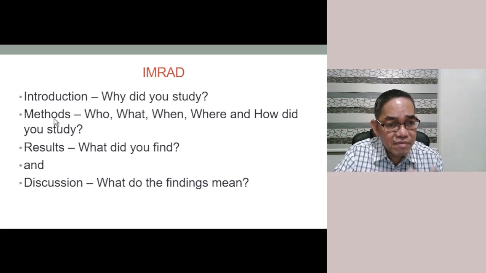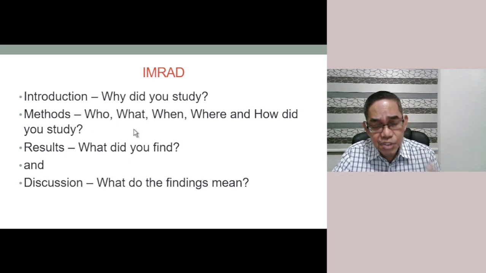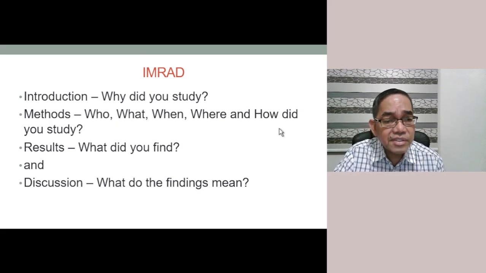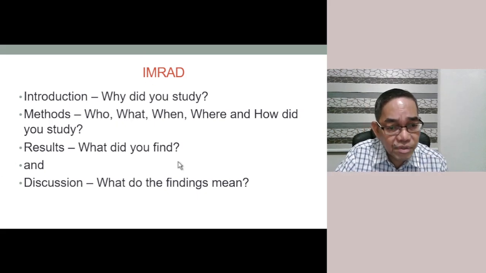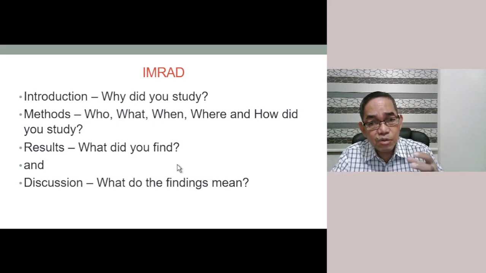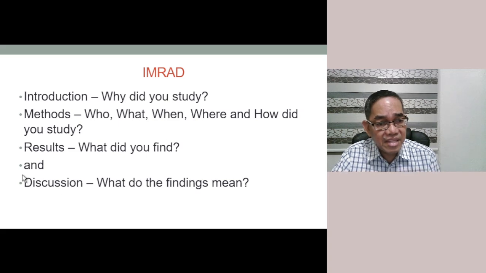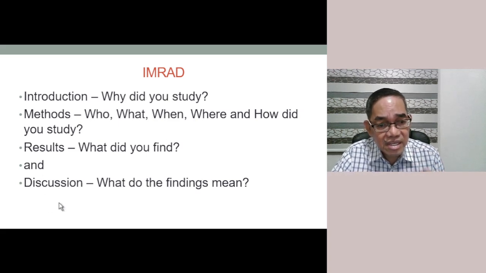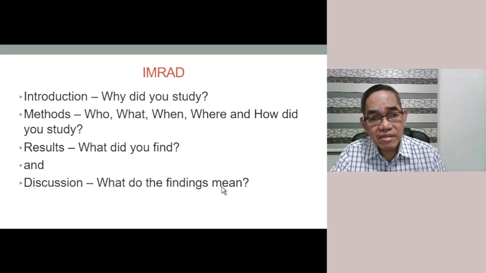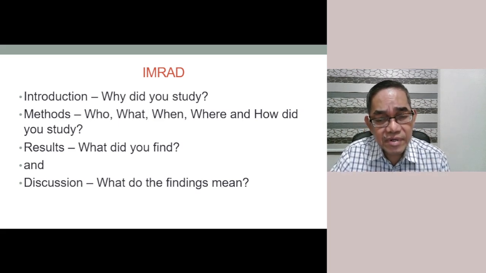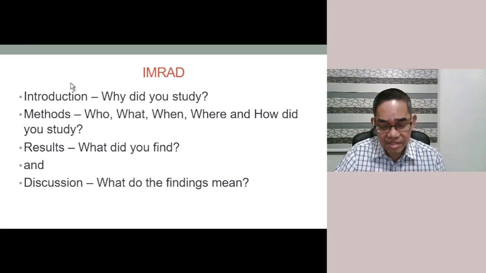M stands for methods or methodology. It should be telling us who, what, when, where, and how you studied. R, results. It should be telling us what you found. A, just "and", and D, discussion, what the findings mean. But first, we will be talking of the introduction.